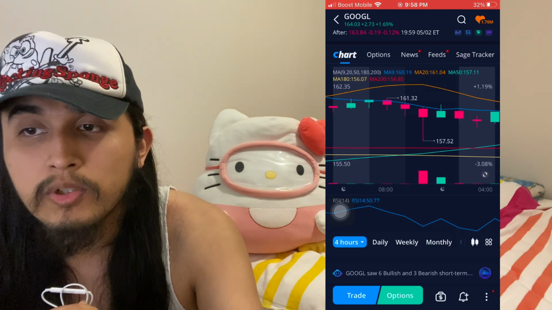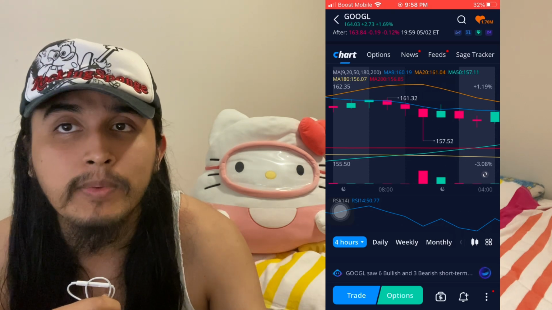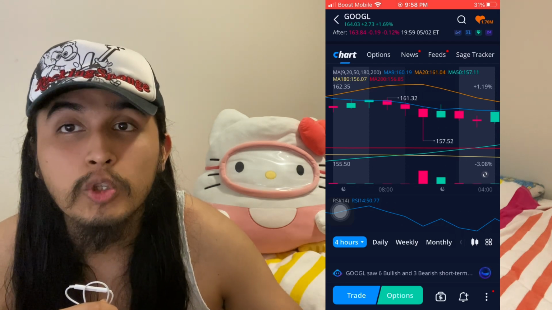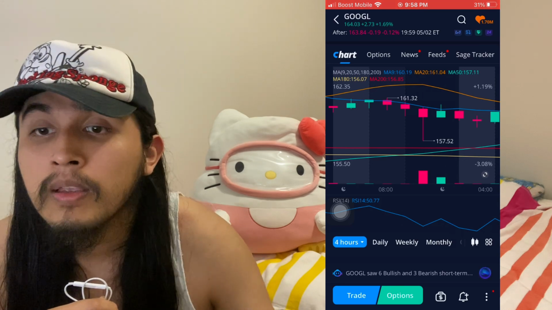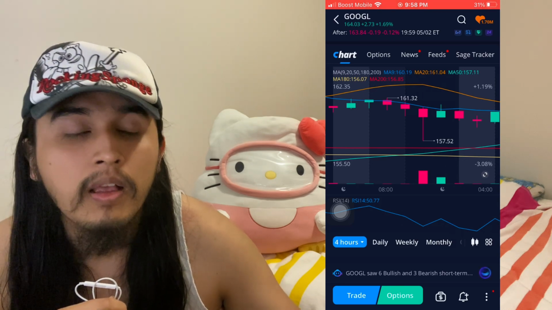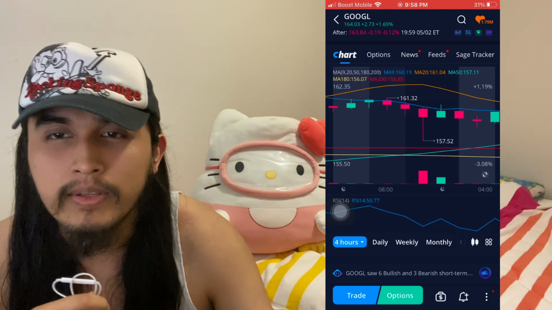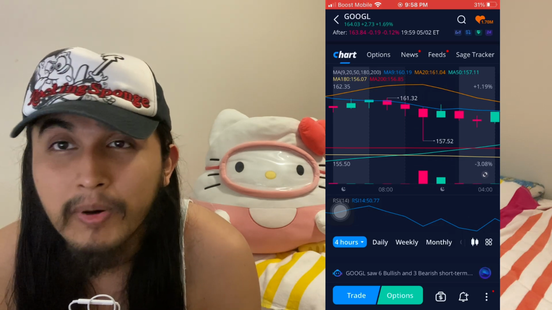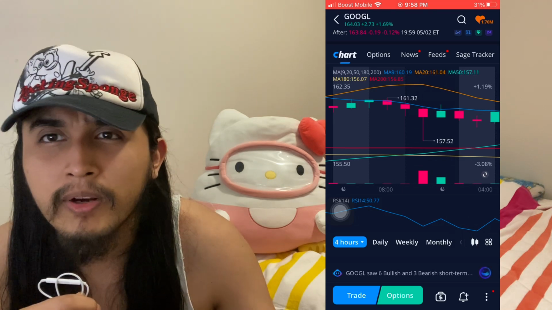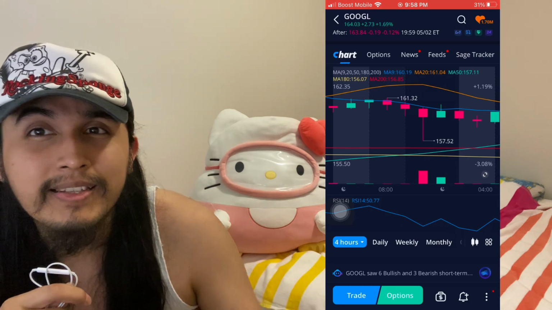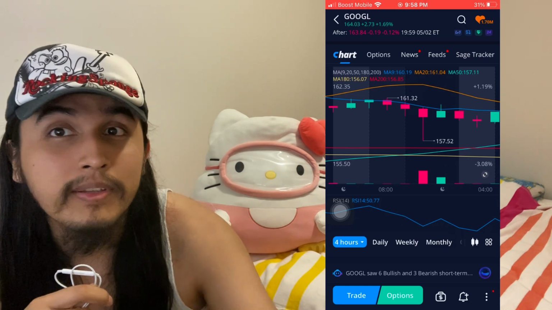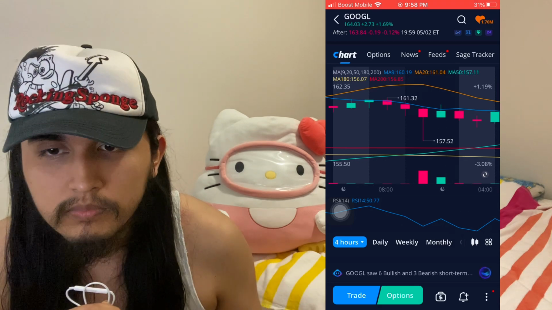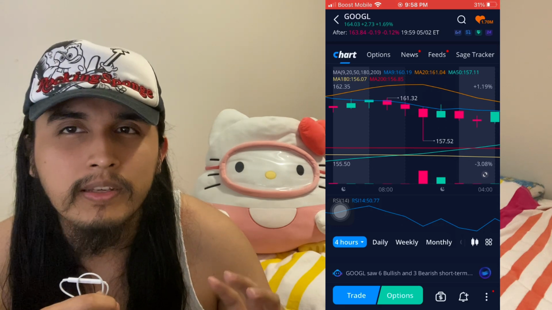So use the 30-minute time chart for entry points, and use the 4-hour time chart to see if the stock is in an uptrend or a downtrend. Whenever the stock is below the 9-day moving average in pre-market hours, that signals, not all the time, because the market doesn't always go according to the technicals, but you're using probability on your side.